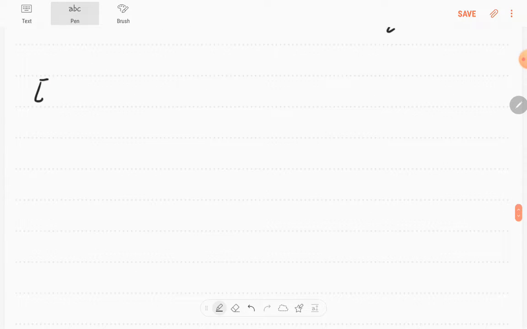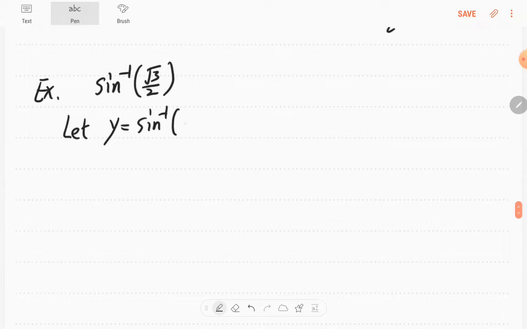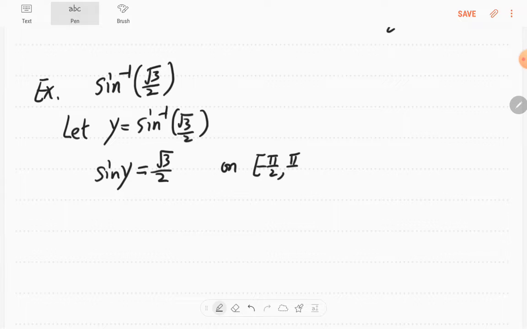Okay, so another example. Sine inverse of √3/2. We still do the same thing. We let y be sine inverse of √3/2. Then sine y is equal to √3/2 on the interval from -pi/2 to pi/2.